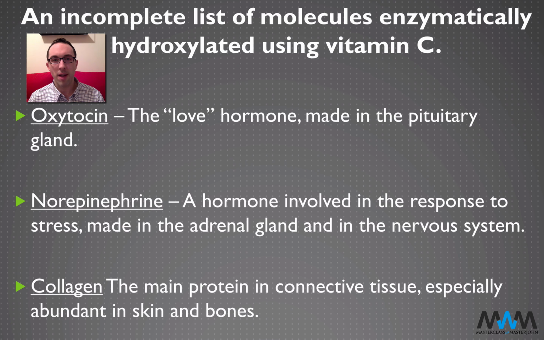Oxytocin and norepinephrine have hormonal and signaling roles, so they need to constantly turn over because you either need that signal at that time or you get rid of it. And every time you need that signal, you have to make a new oxytocin or a new norepinephrine. So we're going to need a lot higher concentrations in the adrenal glands and the pituitary gland to keep up with that constant need for synthesis.